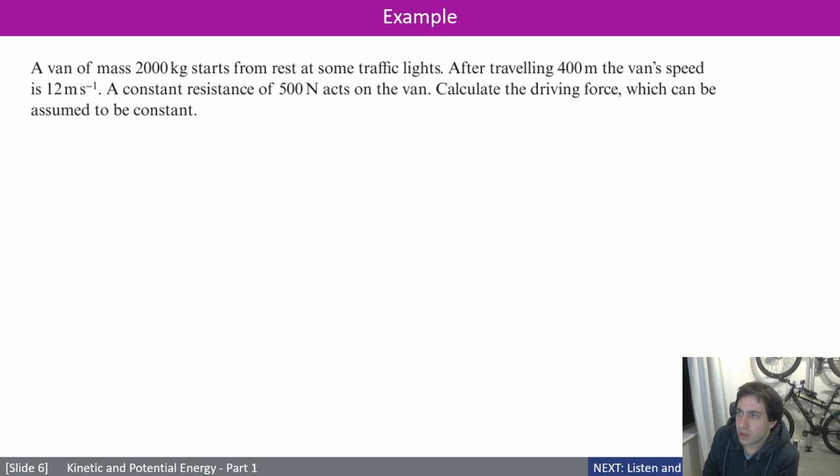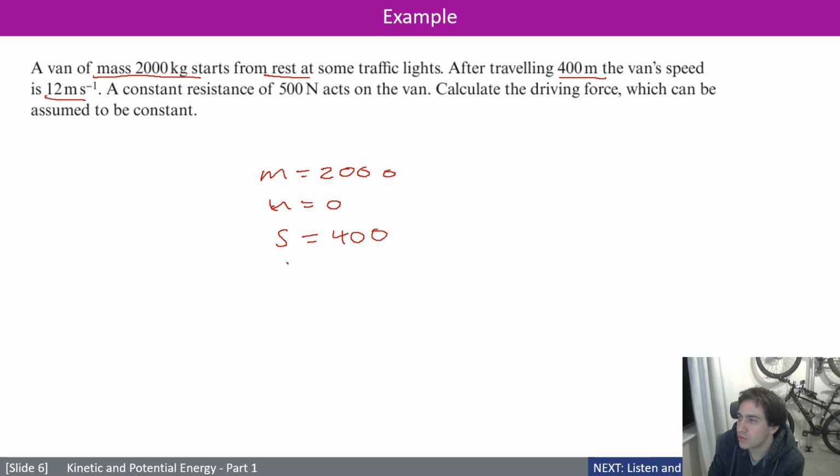Okay, so now let's look at this example. We've got a van, its mass is 2000. It starts at rest, u is 0, at some traffic lights. Then after travelling 400 meters, let's call that S, S is 400, the van speed is 12, v is 12. A constant resistance of 500 newtons acts on the van.